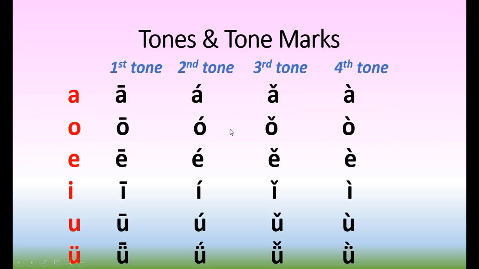Now, this is the tone table for these 6 vowels. Let's read it once. A, o, e, u, yu, each in four tones.